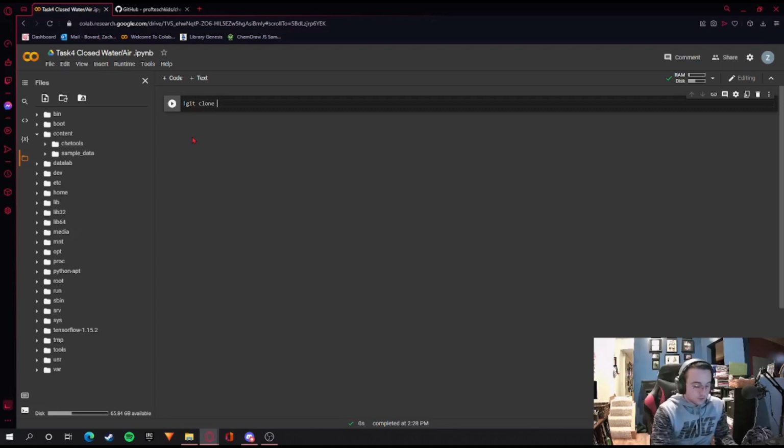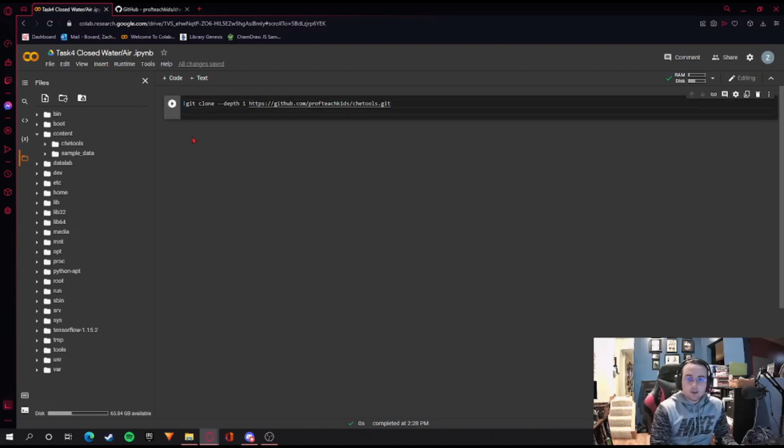So we're going to do git clone, and then this depth 1, basically all that does is it just pulls the latest version of the repository, because Carlos has edited it hundreds of times. So we just only want the latest version, not all of them. And then we paste the URL in here, and then after that we want to actually be able to use this.